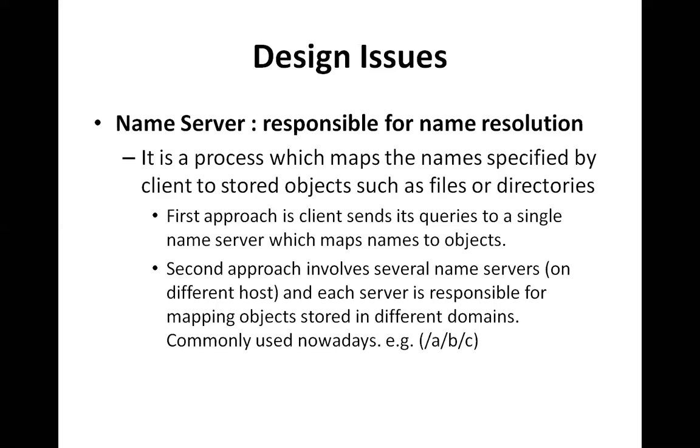For example, if we want to query for /A/B/C, it may require a remote server for mapping /B and /C as part of the file name. And this process is repeated till the name is completely resolved to get /A/B/C.